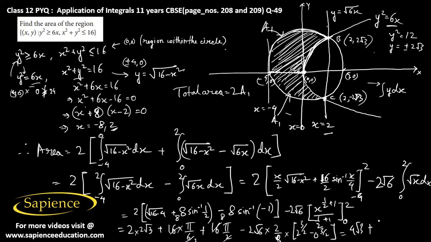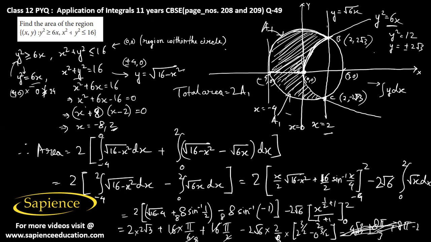Then plus 4 root 3, plus 8 pi by 3, plus 8 pi, minus 2 root 6. Actually, we should do this in the next slide once again.